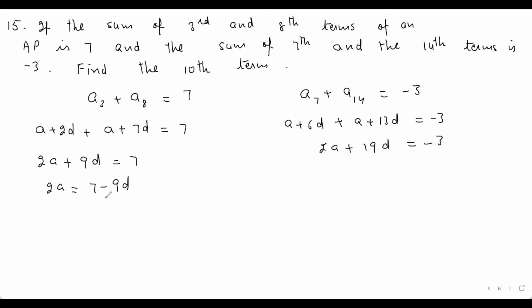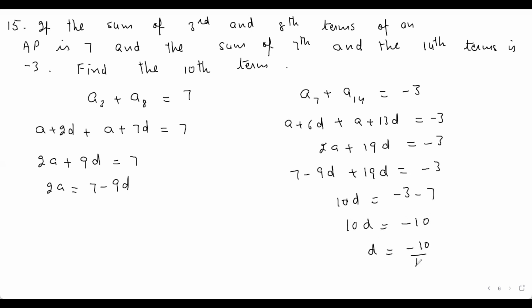Instead of 2A, write 7 minus 9D. 7 minus 9D plus 19D is equal to minus 3. It means 10D is equal to minus 3 minus 7. So 10D is equal to minus 10. So D is equal to minus 10 upon 10, that is minus 1.